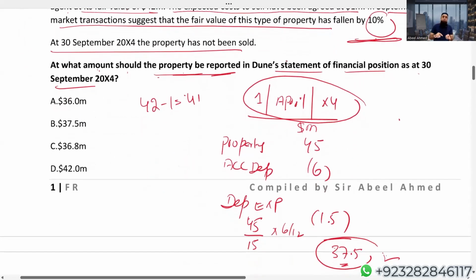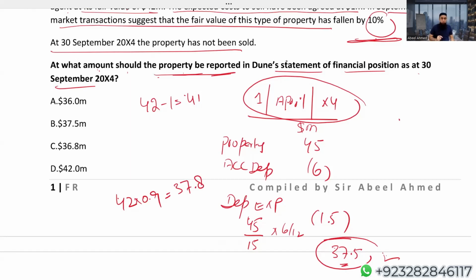Now on SOFP date, again you have to compare this 37.5 with fair value minus cost to sell. Whichever is lower, you will keep the property at that value. Now listen, the fair value is 42 million, but on 30th September X4, it is reduced by 10%. So I will take 90% of this. If we take 90% of this, students, I'm getting 37.8.